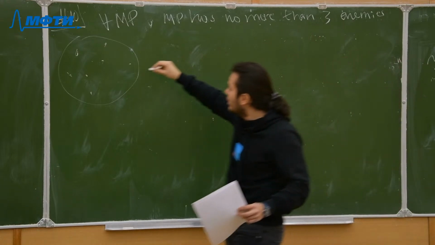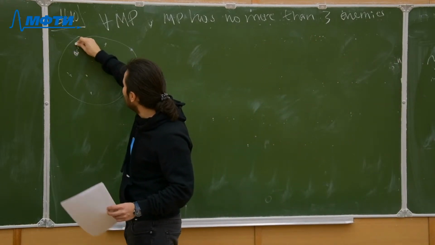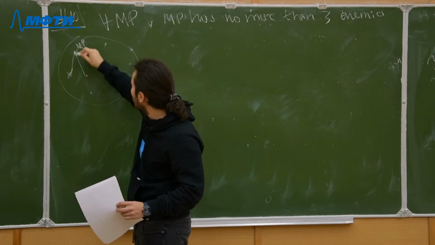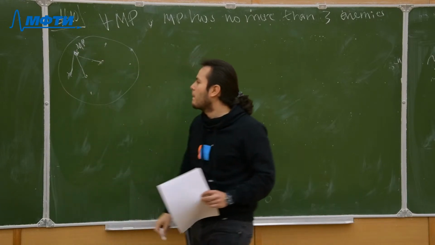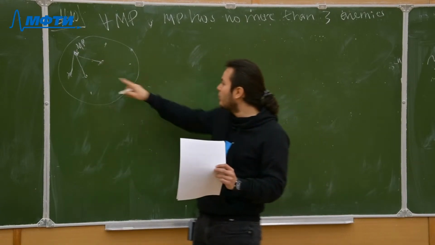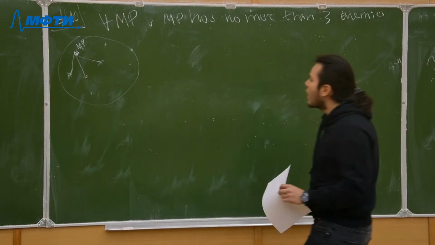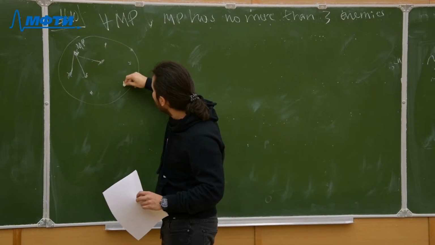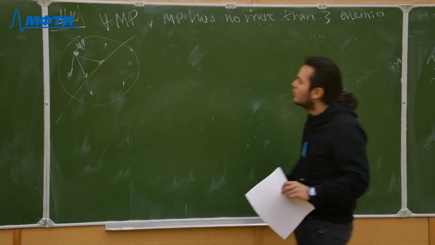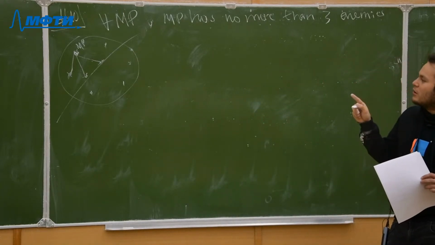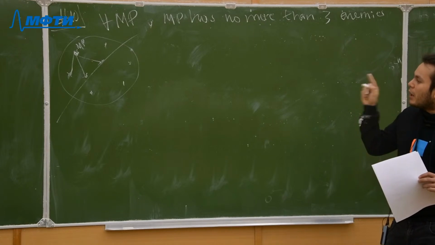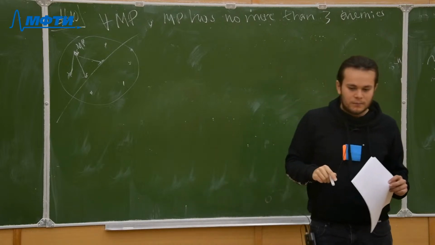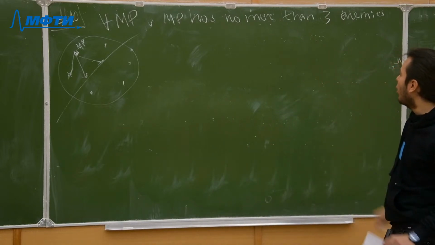So if I have some member here, then let's say that this is an enemy with this one, and with this one. Okay, that's it. At maximum, it has 3 enemies. And now we have this group of members here. I have to divide it into 2 groups, such that in each group, each member has at most 1 enemy. Okay. Now, how am I going to do this?